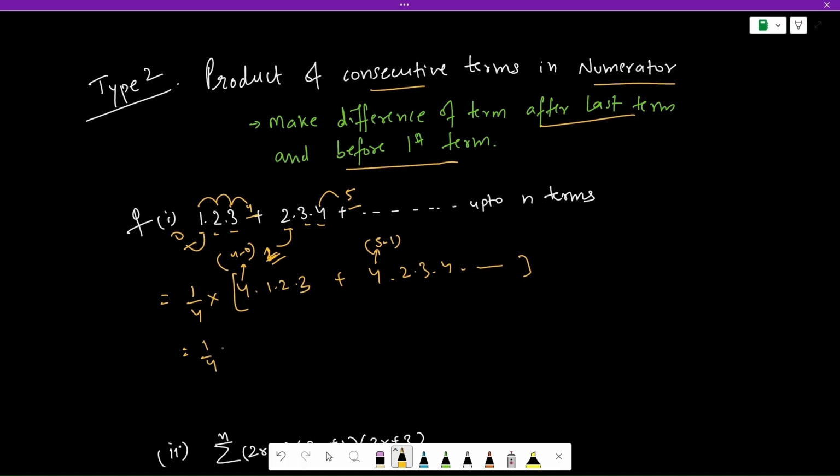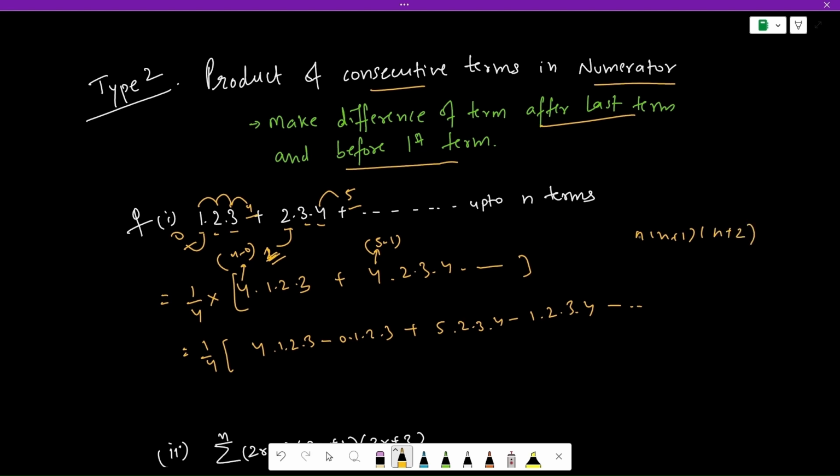So this will become 1 by 4 into: this is 4 minus 0, which is 4, into 1 into 2 into 3, minus 0 into 1 into 2 into 3, plus 5 into 2 into 3 into 4, minus 1 into 2 into 3 into 4 and so on. Also the last term, as you can see here, will be n into n plus 1 into n plus 2.